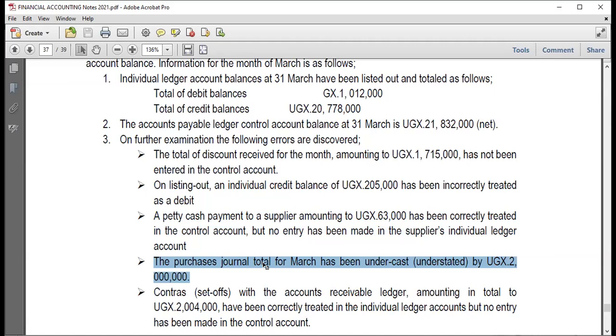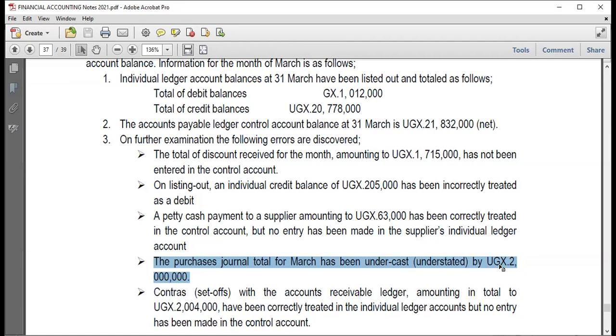Then we move to the next one, which says that the purchases journal total for the month had been undercast by 2 million. The purchases journal total for March had been undercast, or understated, by 2 million. So what do we exactly do with this?